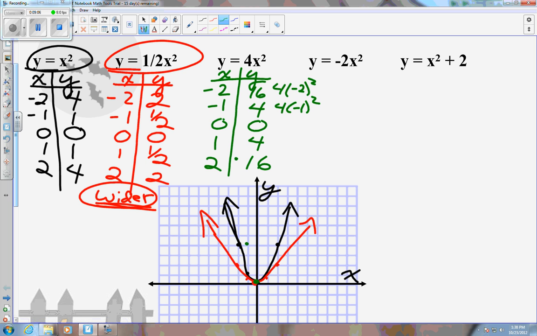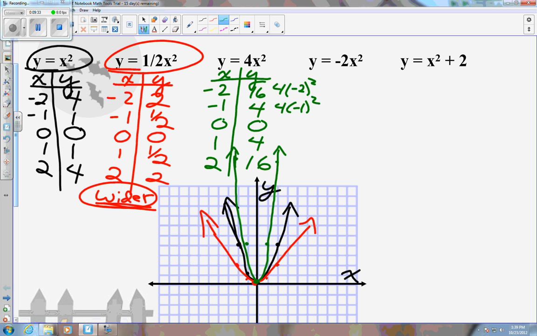I've got 1, 4, and 2, 16. They're up here again. So when I draw my nice smooth curve, it got narrower. So if you multiply by a number greater than 1, it will be narrower.